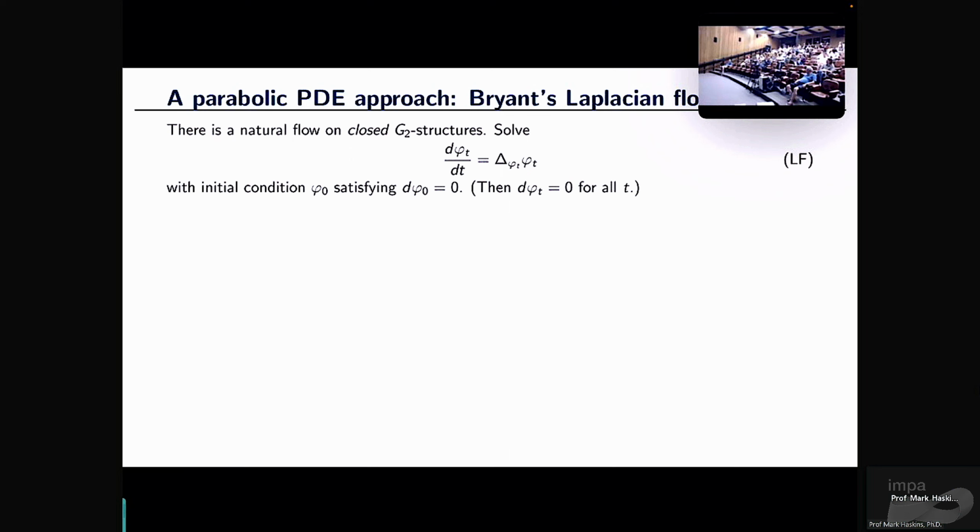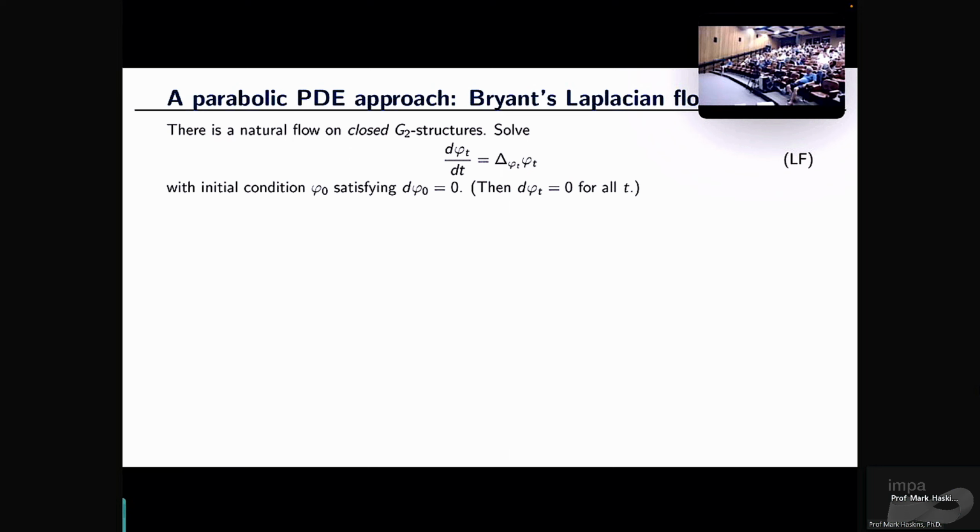There's not only one possible flow of G2 structures, but there's only one that I want to talk about now, which again lives in the context of closed G2 structures. So we want to think about something that's going to evolve the underlying 3-form.